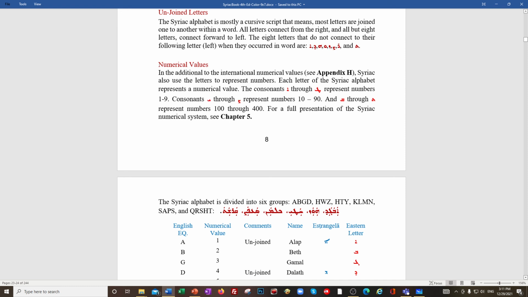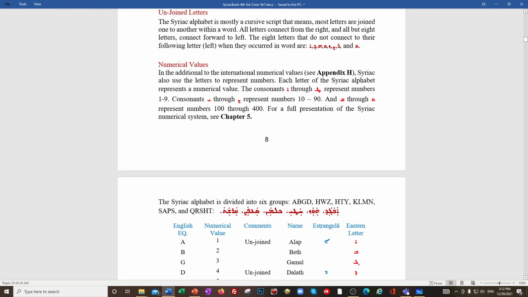So Yoth is 10, and Sade is 90. I'm going to explain how we read the numbers in chapter 5, because I have a full chapter in this book just about the numbers in Syriac and how we read them.